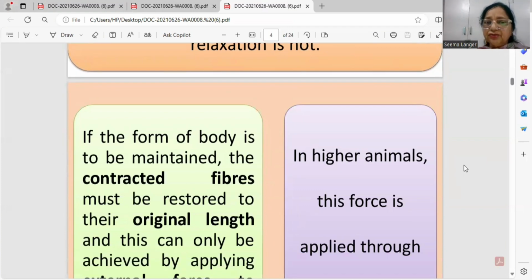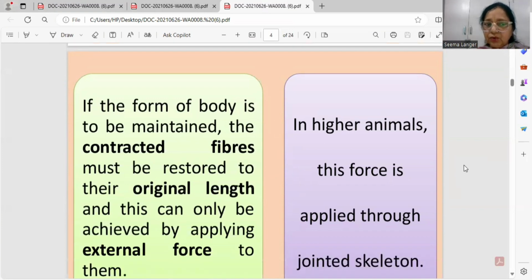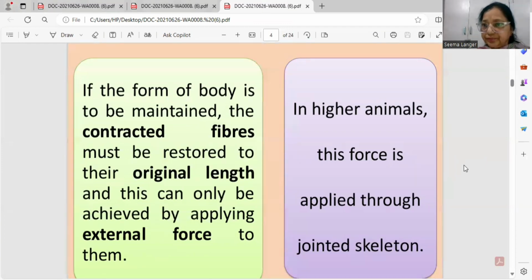But if the form of the body is to be maintained, and it has to regain its original shape, the contracted fibers must be restored to their original length. And this can only be achieved by applying external force to them.